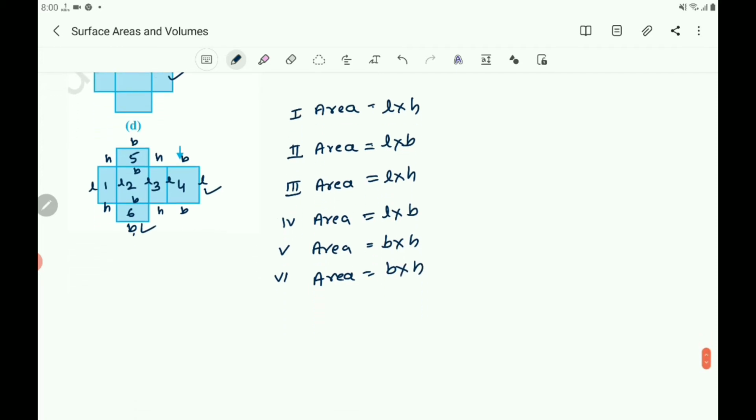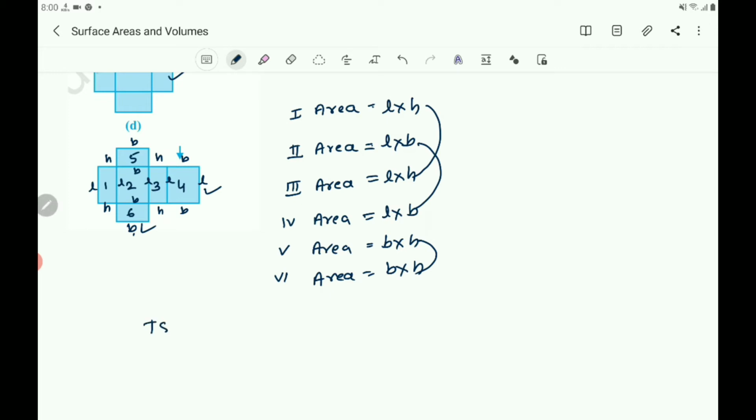So by adding all these, LH, LH, LB, LB, BH, BH, you will get 2 LH, 2 BL and 2 BH. So let us take in order.